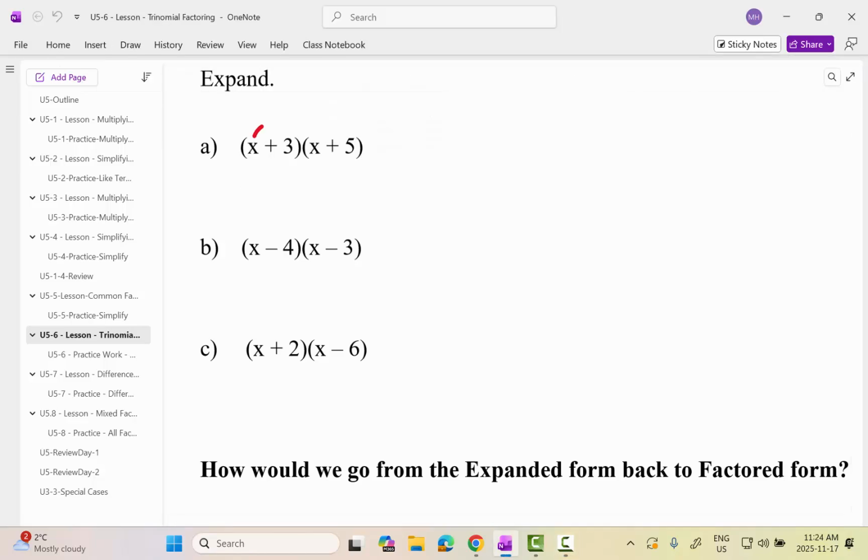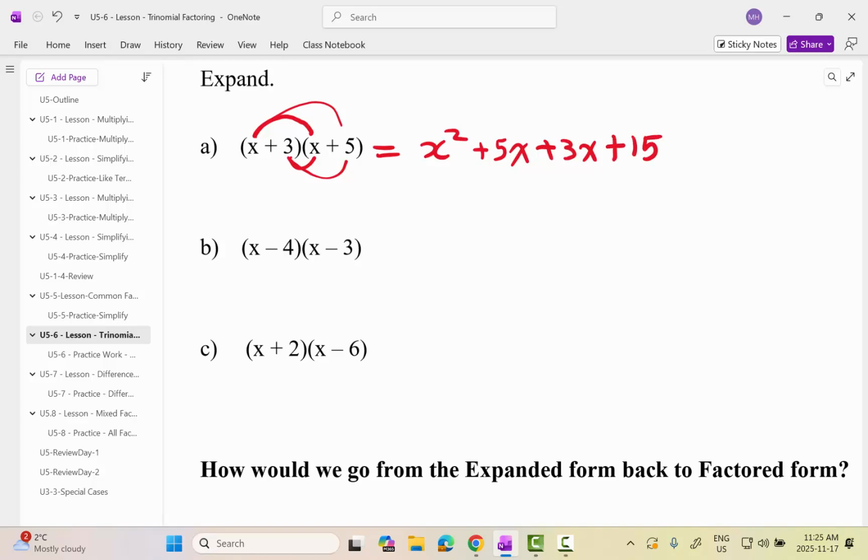So here we go. x times x gives me x squared. And then x times 5 gives me positive 5x. And then I have to multiply 3 into everything. So 3 times x is plus 3x. And then 3 times 5 is what? Plus 15.